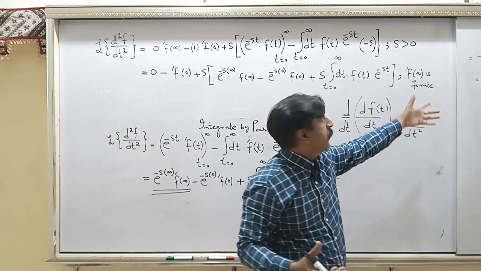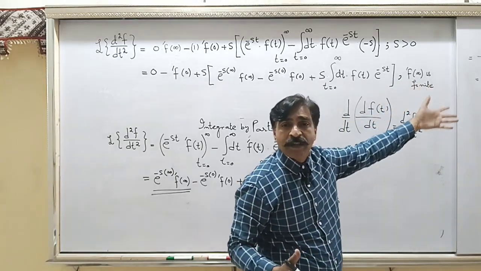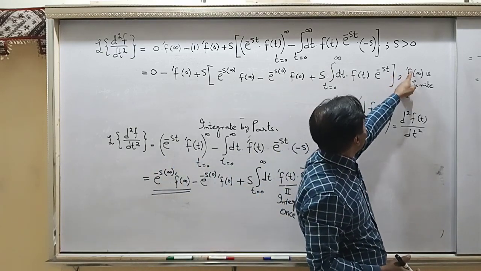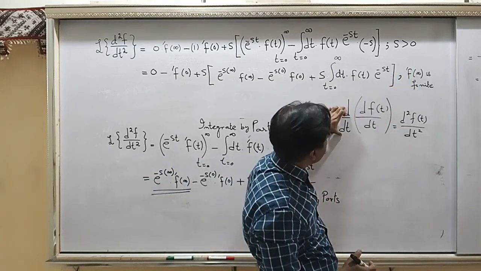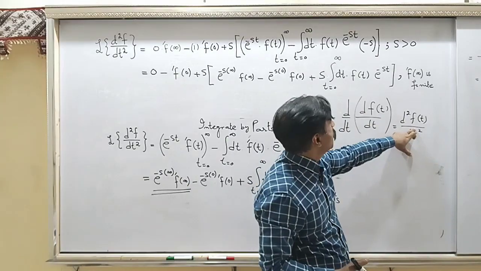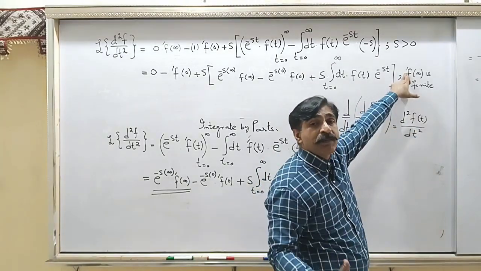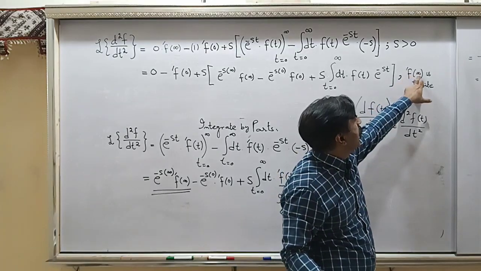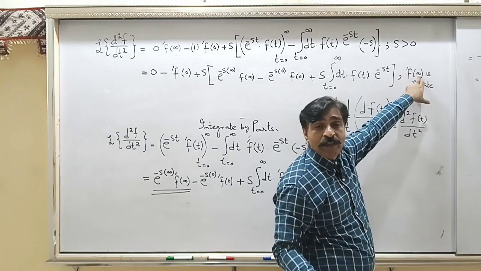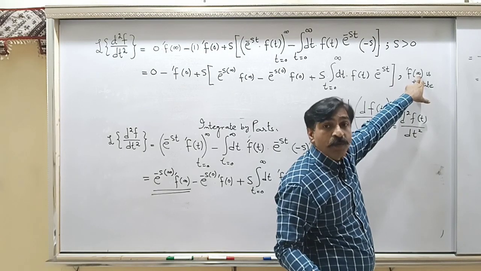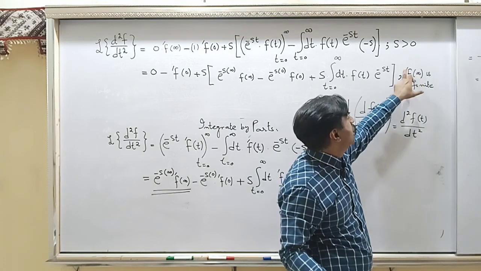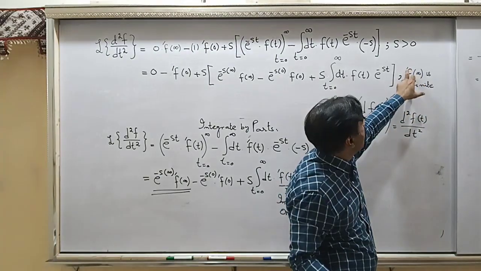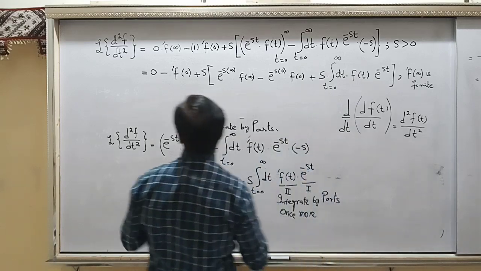You can take its derivative, which means f prime is a differentiable function, and whenever you have a differentiable function, its value for any value of the variable t will be finite. So I am saying f prime is a finite number.